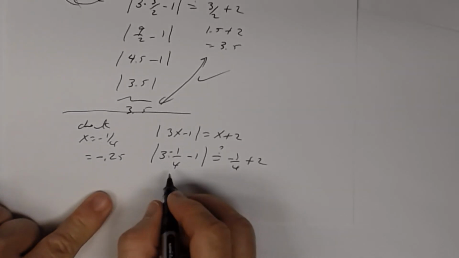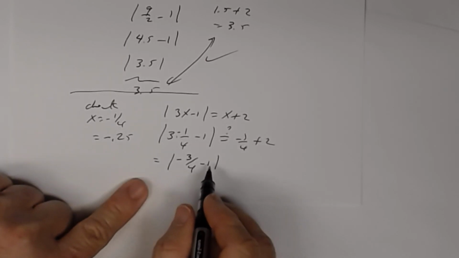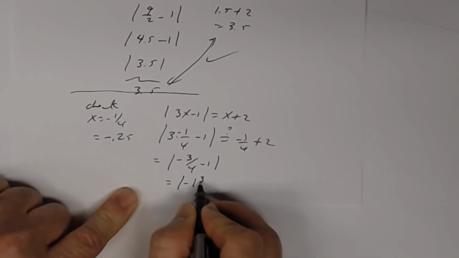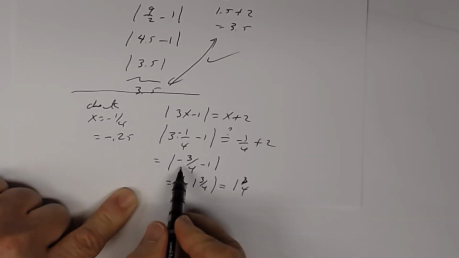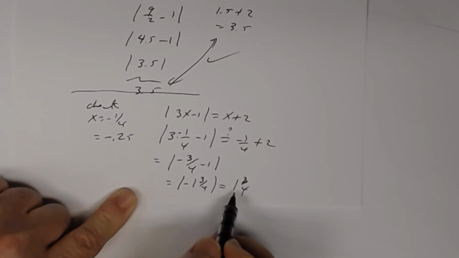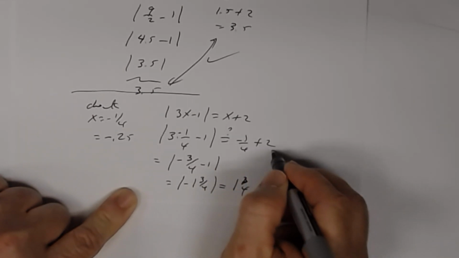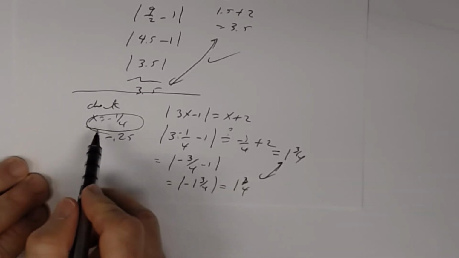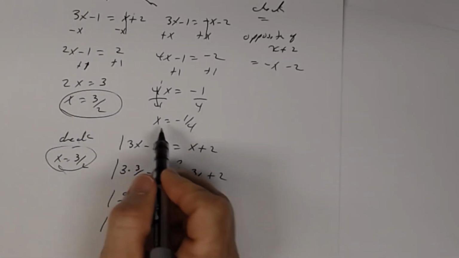Well, 3 times negative 1/4 is a negative 3/4 minus 1. And a negative 3/4 minus 1 is a negative 1 3/4, which is a positive 1 3/4. So negative 3/4 and negative 1 is a negative 1 3/4, and the absolute value of negative 1 3/4 is a positive 1 3/4. I want you to notice this right here. Negative 1/4 plus 2 is also equal to 1 3/4. So those are equal. So x equal negative 1/4 is also a solution. So these two actually work. So those two are your solutions.